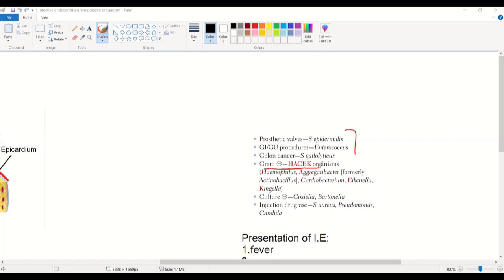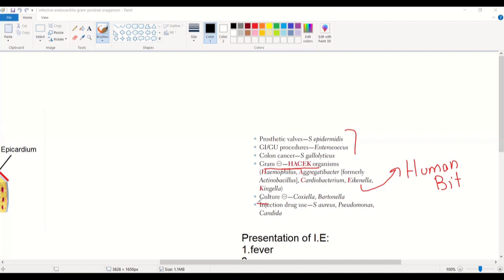The most important one is Eikenella, right? Eikenella is associated with human bite, right? So HACEK organisms, in case of infective endocarditis, are not high yield.